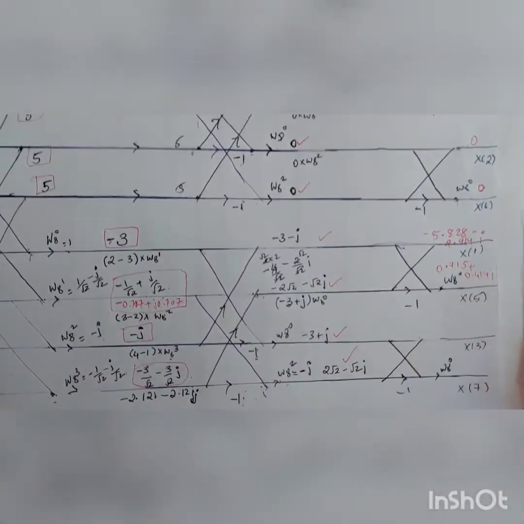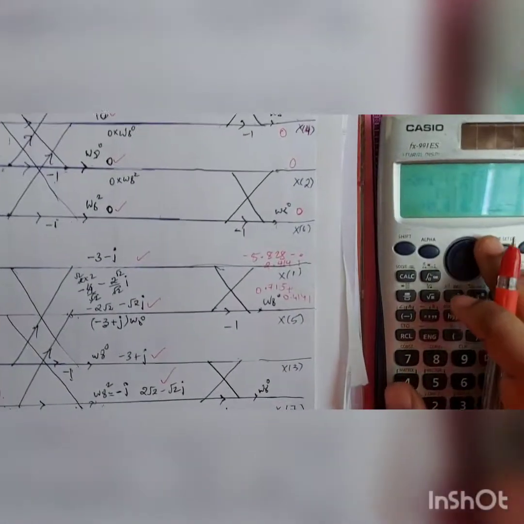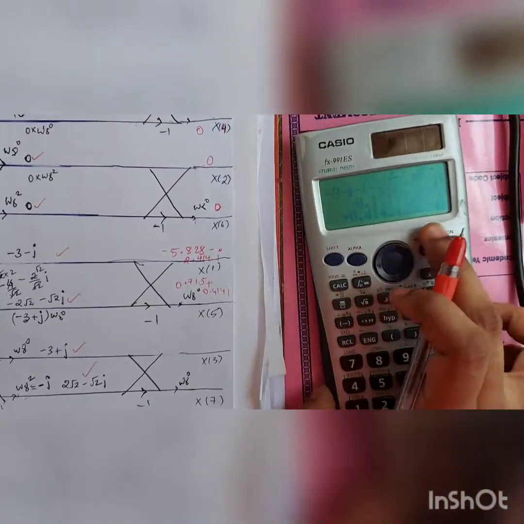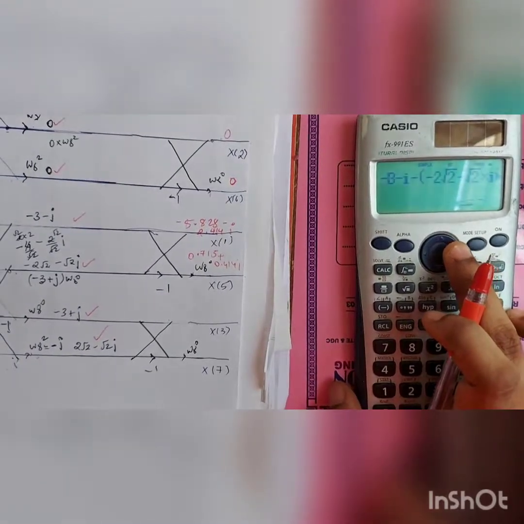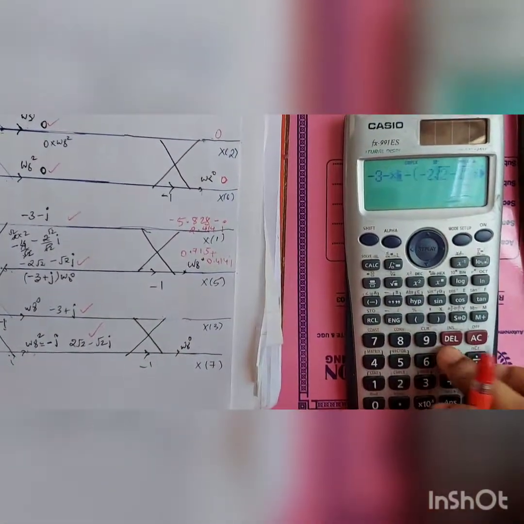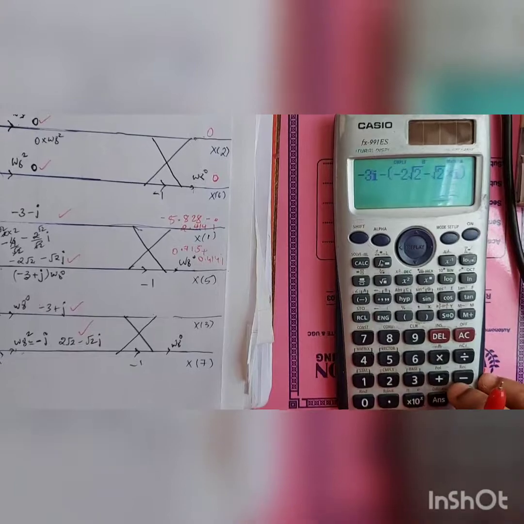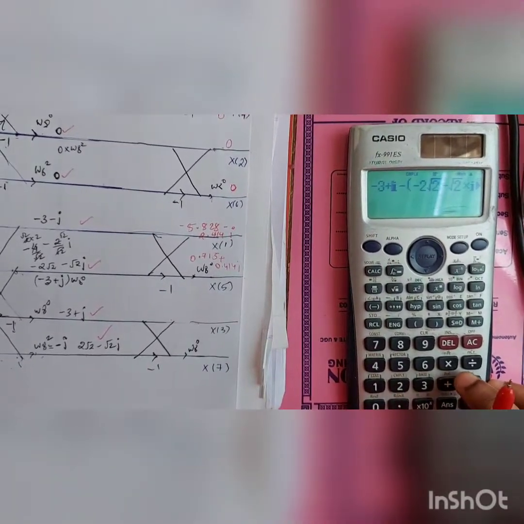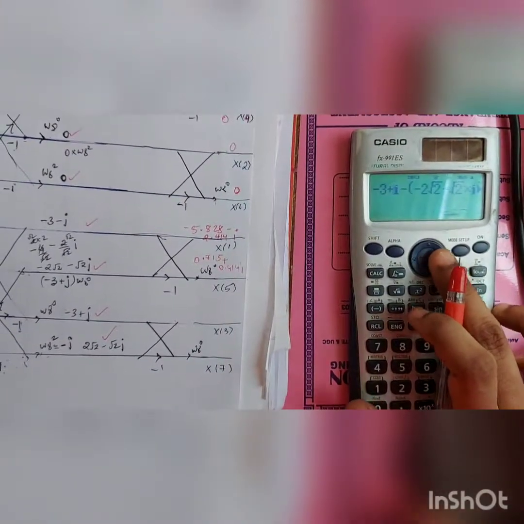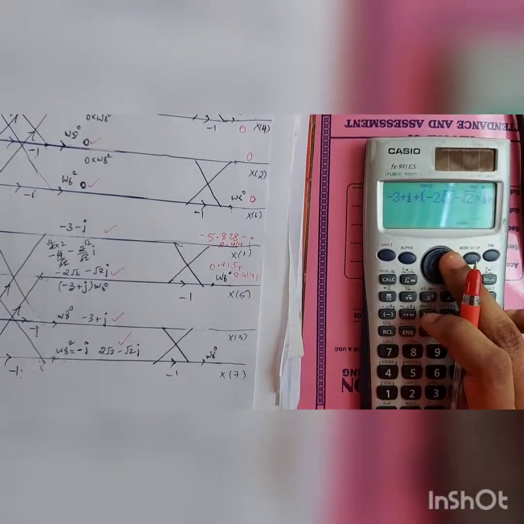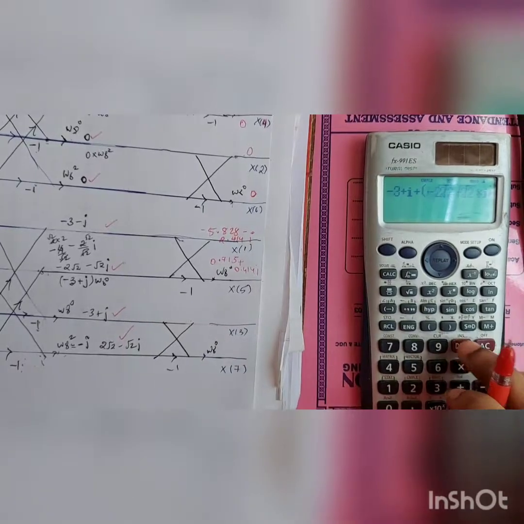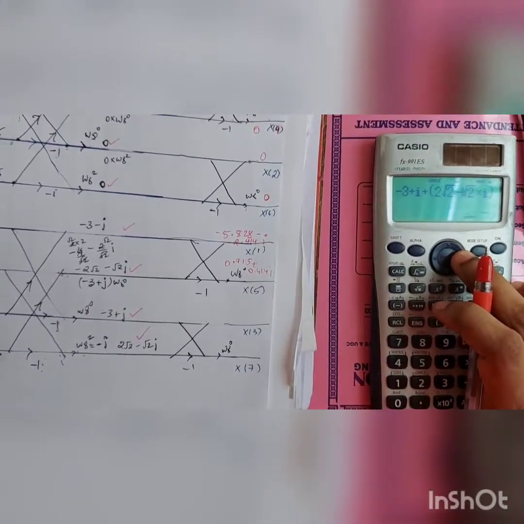Similarly do this, it is minus 3, you can actually edit it in the same thing. This is minus 3 plus j plus, make this plus 2 root 2 minus root 2, 2 root 2 minus root 2j.